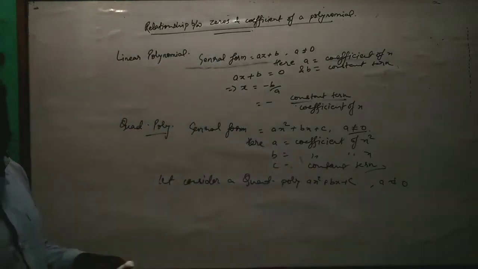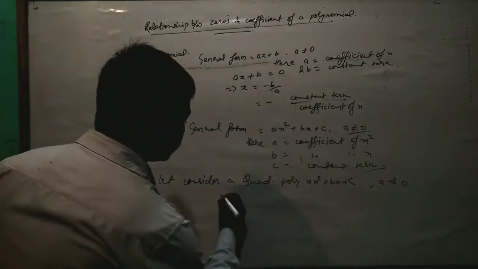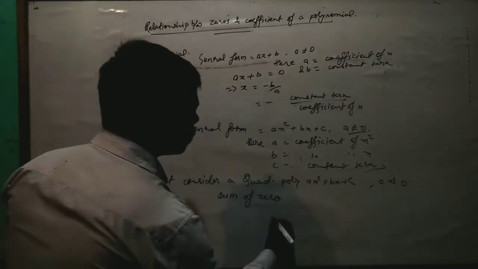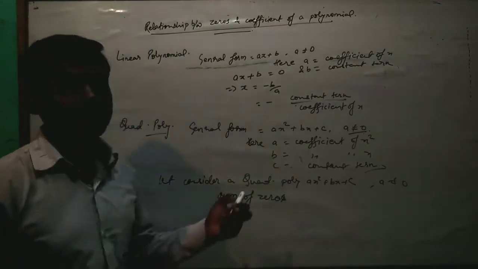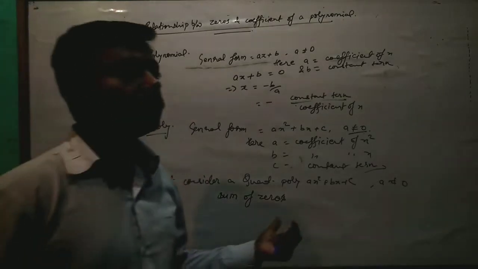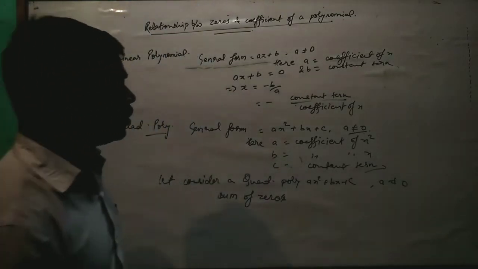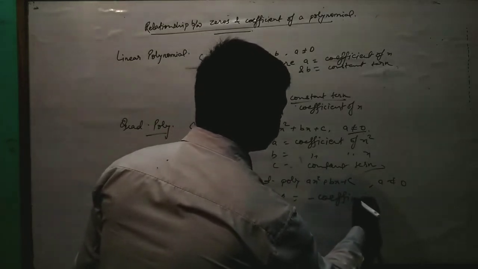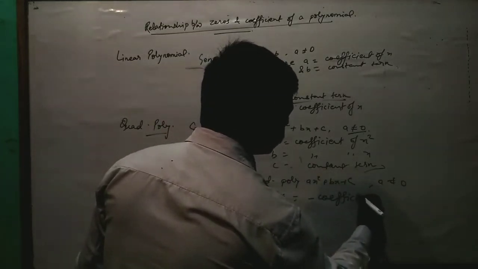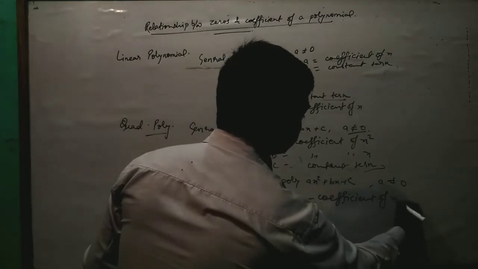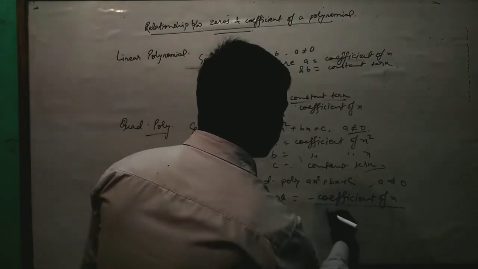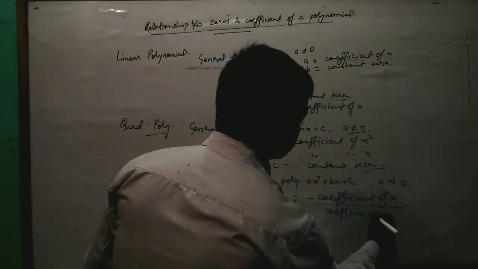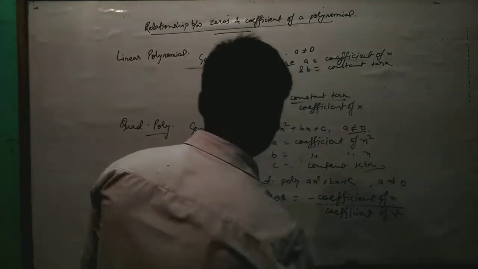What is the relation? First, the sum of its zeros. It has 2 zeros. When we add the 2 zeros, what do we get? We get minus coefficient of x by coefficient of x square.